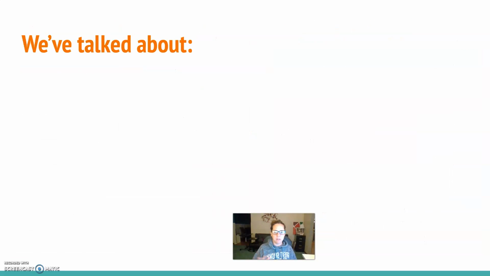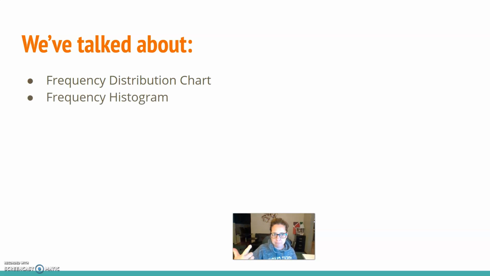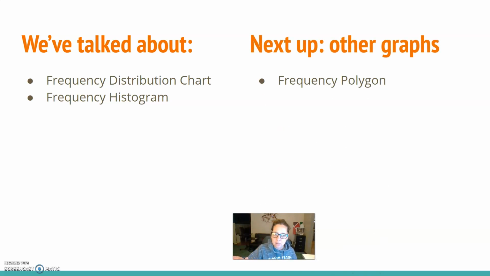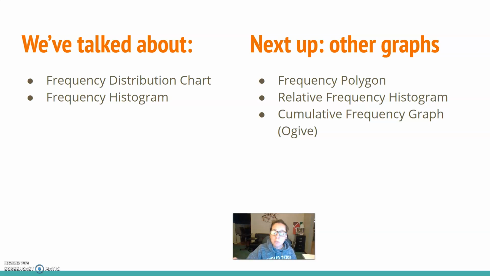So far, in the last video and this one, we have talked about the frequency distribution chart and a histogram. Now we're going to talk about a bunch more graphs: a frequency polygon, a relative frequency histogram, and a cumulative frequency graph, otherwise known as an ogive.